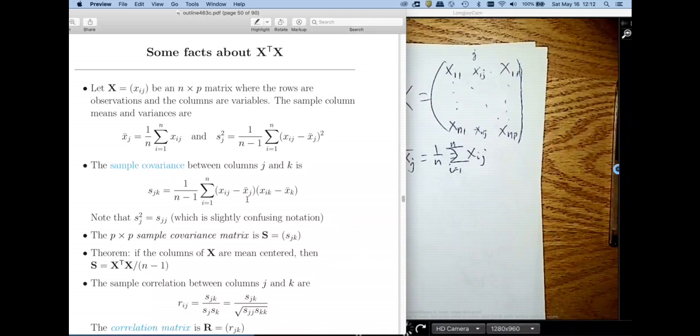So the way we compute a covariance, or the way we estimate one is maybe a better way to describe this. If I want to estimate the covariance between columns j and k, I'm just going to mean center both my variables. So take every value in the jth column and find out how far that is from the mean. Do the same thing for column k.